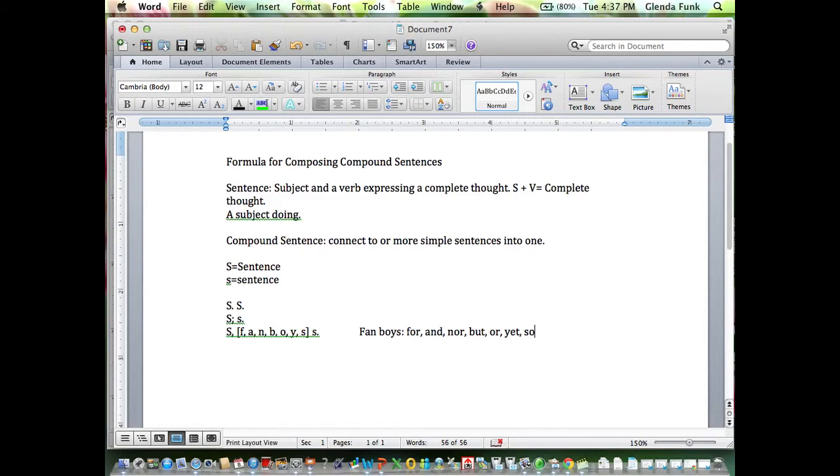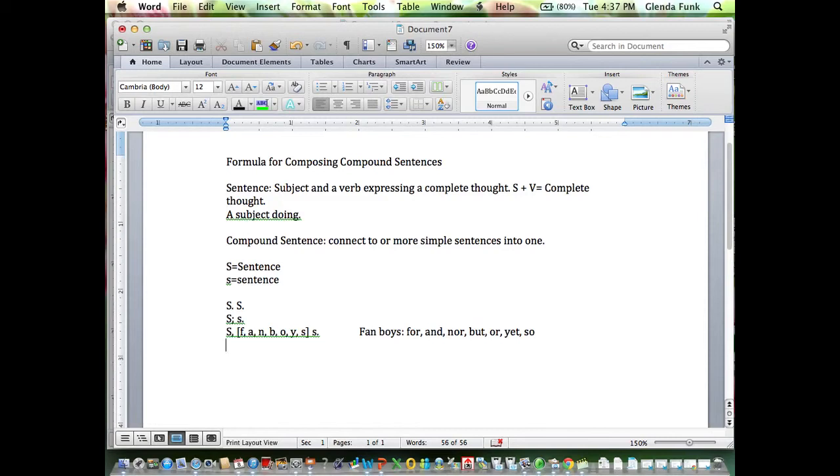By remembering the acronym FANBOYS, I can remember all the different coordinating conjunctions, which students know are words that connect two or more simple sentences into a compound sentence.